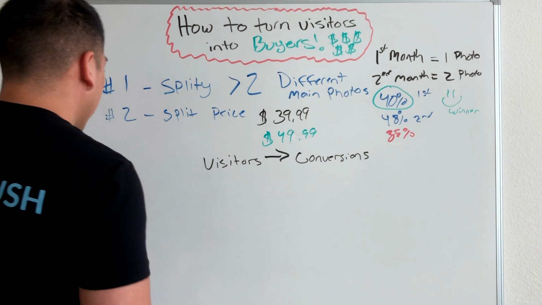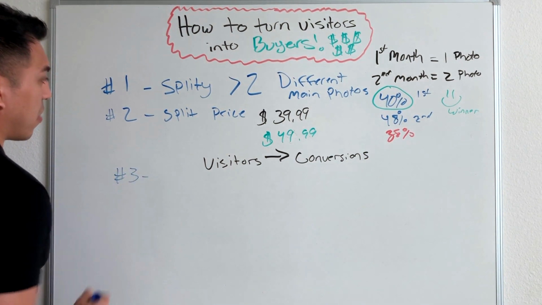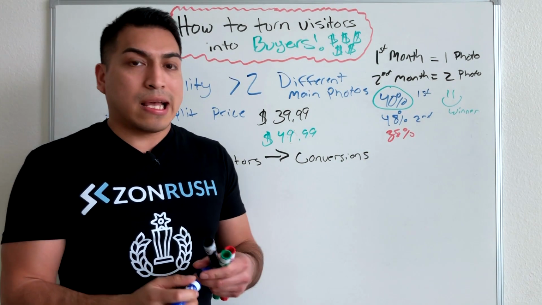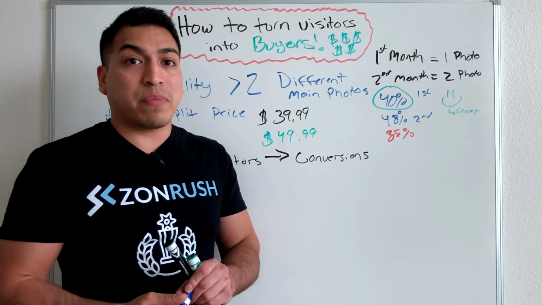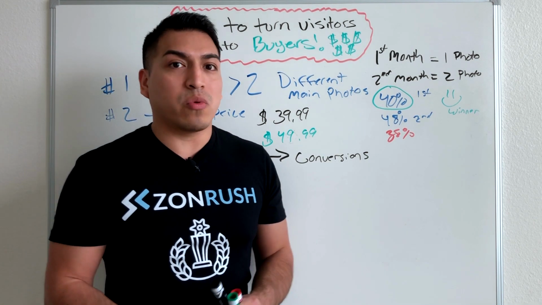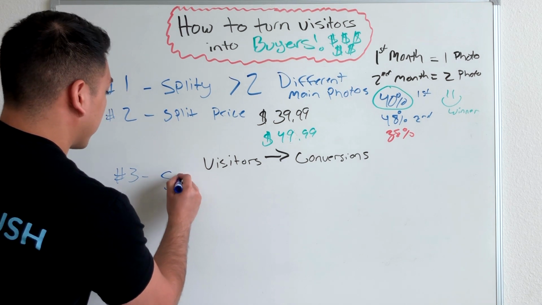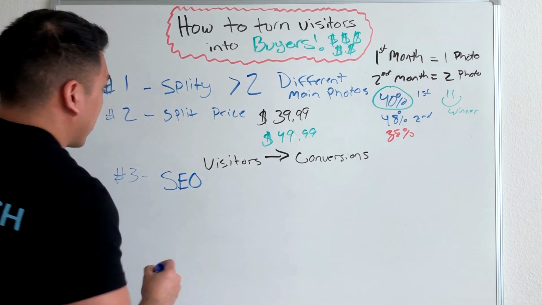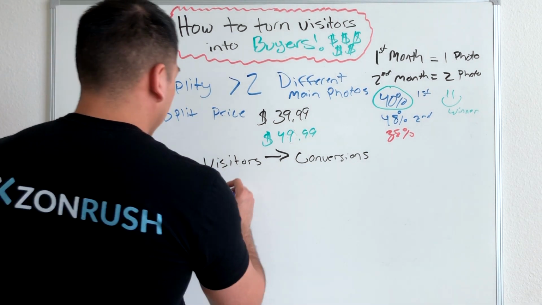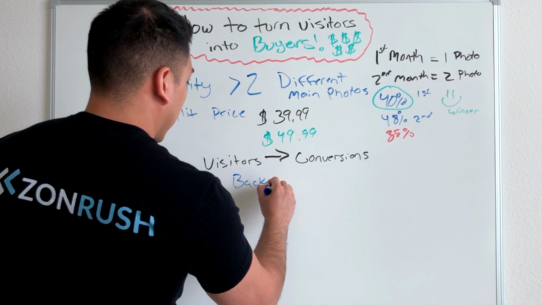And then the third one is a little more straightforward, but I can't tell you how many times sellers don't know that they're making this mistake, but they're not properly being indexed for their main keyword phrases, okay? So SEO, okay? So this entails your backend, especially your backend, okay?